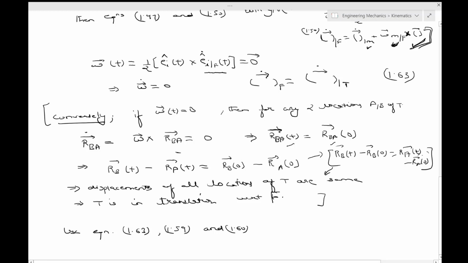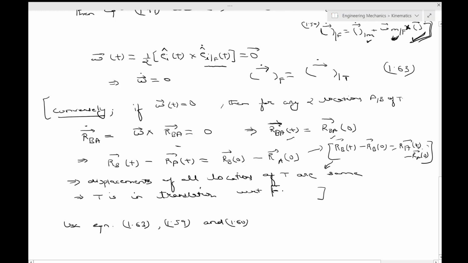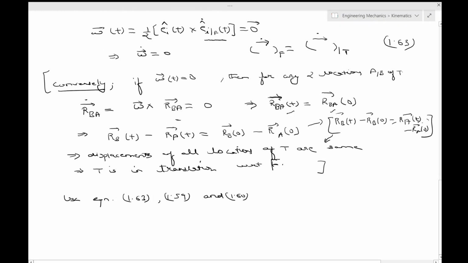So 1.63 is there, 1.59 and 1.60, you should go back and check what it is. The reason I tell you to go back and check is that you can see also the derivation of that. So you should pause the video and go and check the derivations of 1.59 and 1.60.